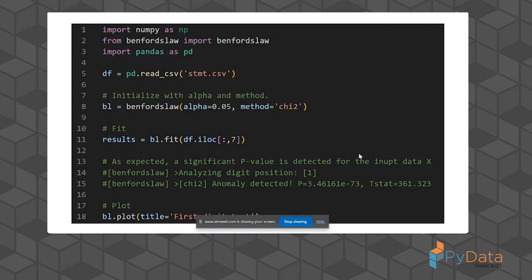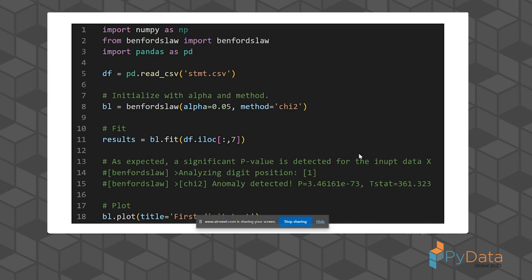Similarly, in Python, there is a library called Benford's law. You can import the Benford's law package directly. It's a very simple library. You can use pandas to read the bank statements, then directly apply Benford's law over the first digit, and a chi-square method can be used to perform statistical tests.